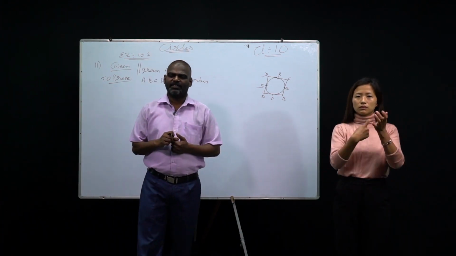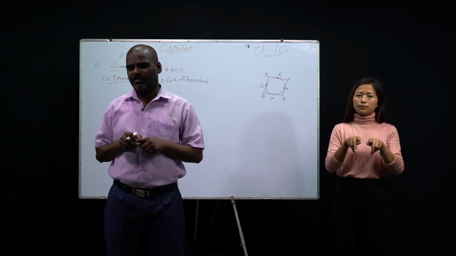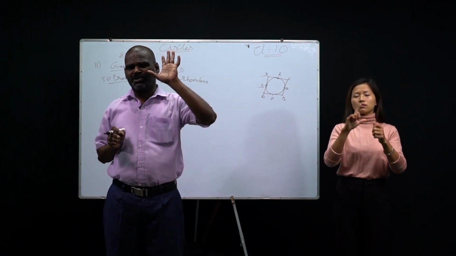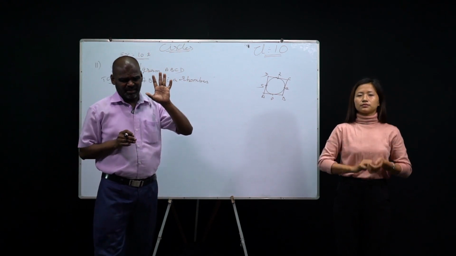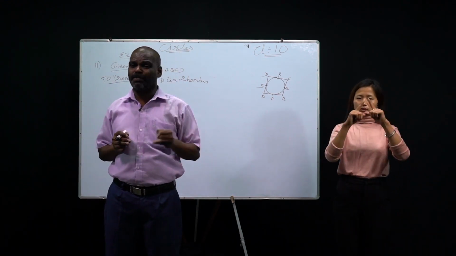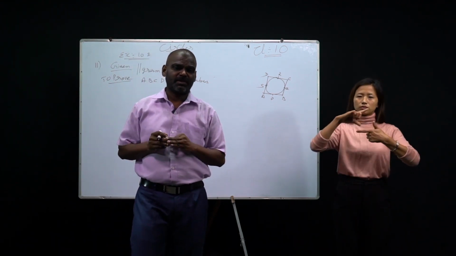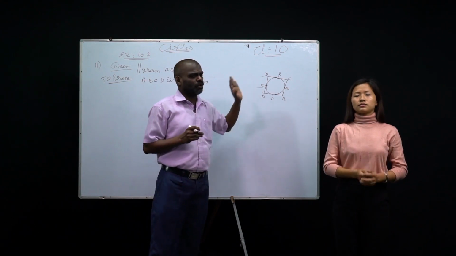Yes. A rhombus is also a parallelogram, right? Parallelogram is a common word. Under parallelogram, rectangle is also a parallelogram, square is also a parallelogram. Clear? Rhombus is also a parallelogram. So we have to prove ABCD is a rhombus.